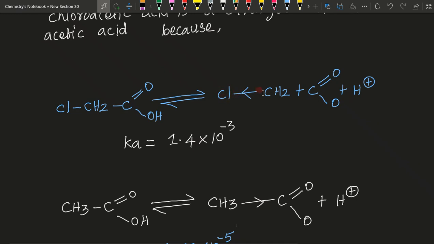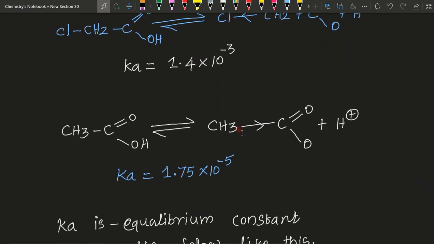This halogen pulls the electron from this carbon, so this carbon attains one electron. This is going to form a double bond. Here O is going to have one bond plus H plus. See, K is concentration, A is acid. Ka equal to 1.4 into 10 power minus 3.